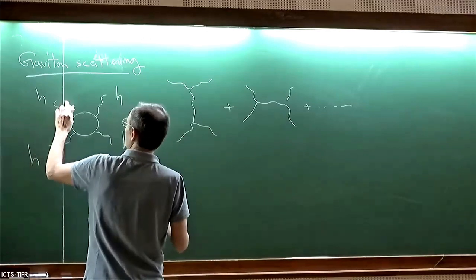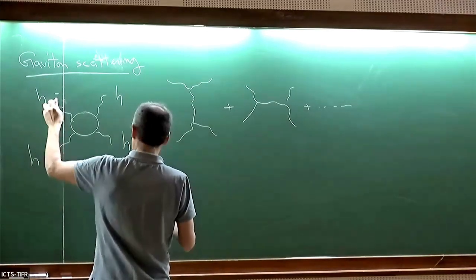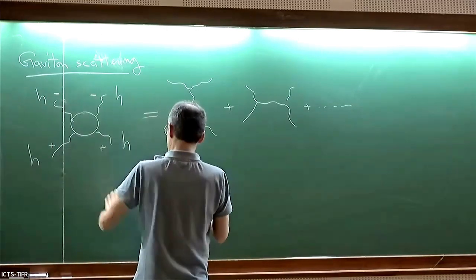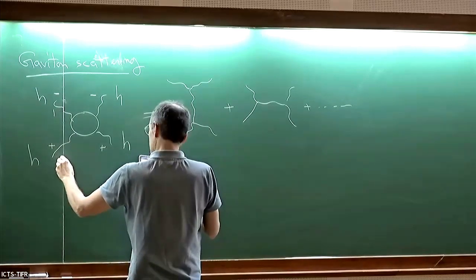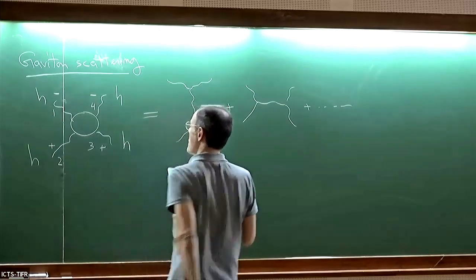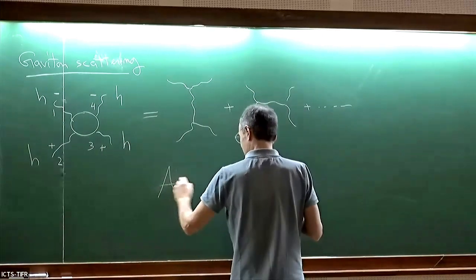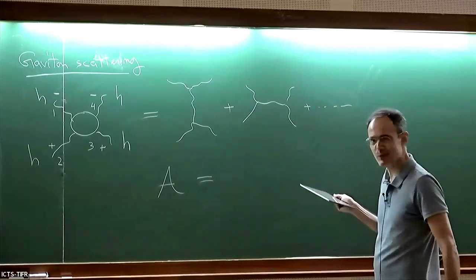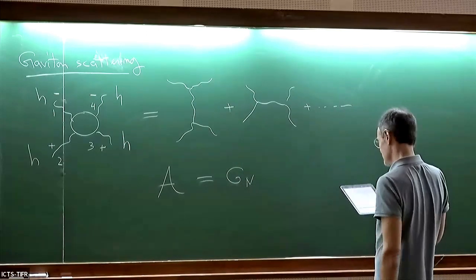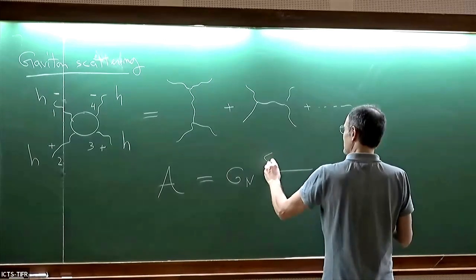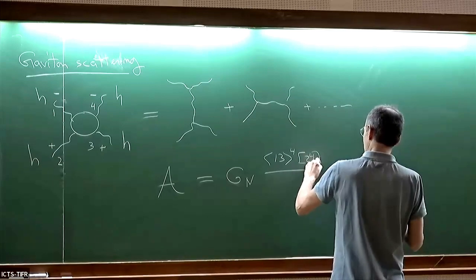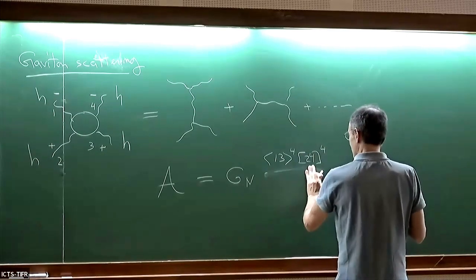So if you select this amplitude to have definite helicity like plus 2, minus 2, minus and plus, for states 1, 2, 3, and 4, it is going to be proportional to G Newton. We already know this, but it's going to be written in a very simple and packed form, this one you see here. Now you will tell me, I don't understand what you're writing. Of course, this is the idea.